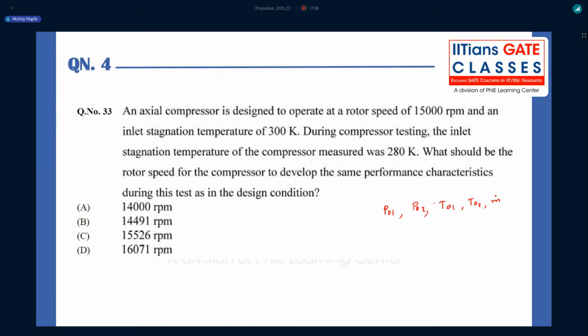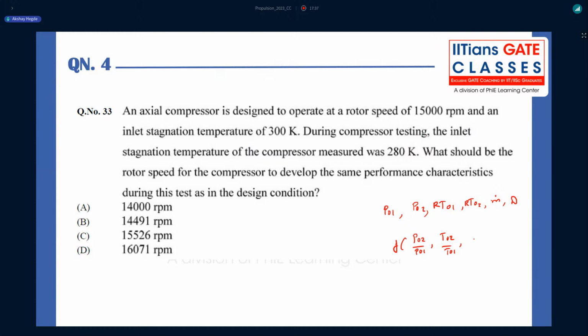I will write it as RT01 and RT02 so that my dimensions will reduce, and the mass flow rate, and maybe the geometric parameter, the diameter. If I do this, I should be able to get the important non-dimensional numbers, that is P02 by P01, similarly T02 by T01, and the non-dimensional mass flow rate.